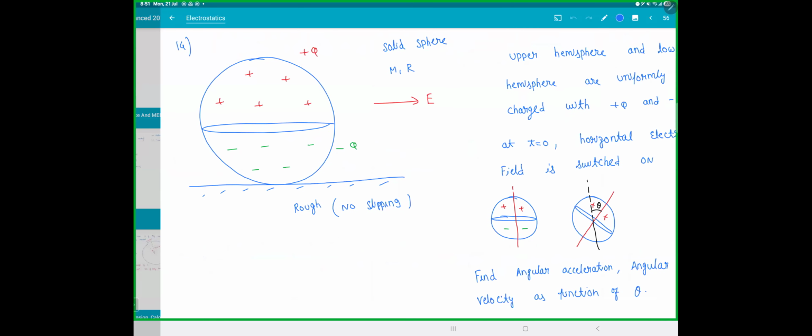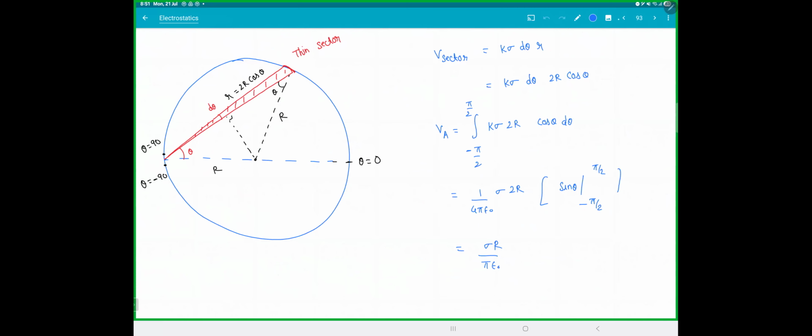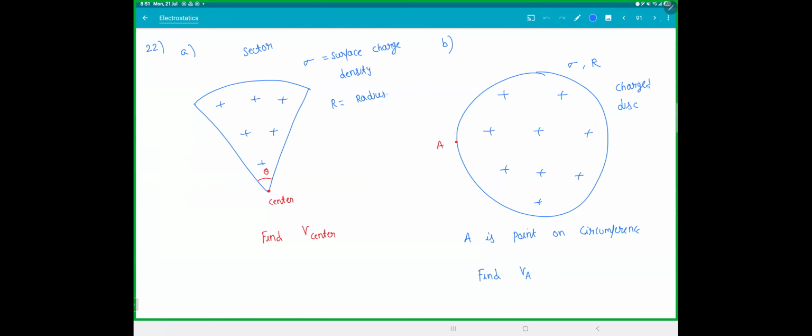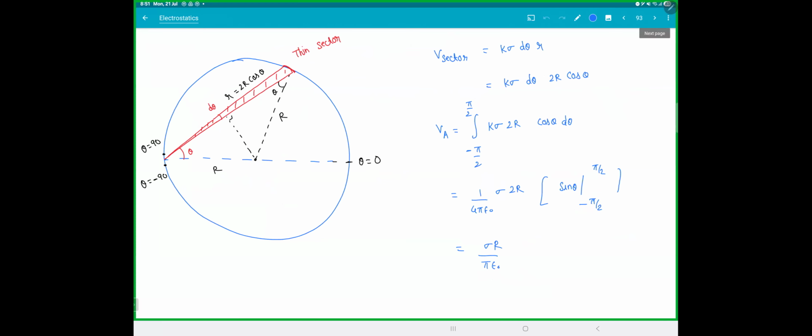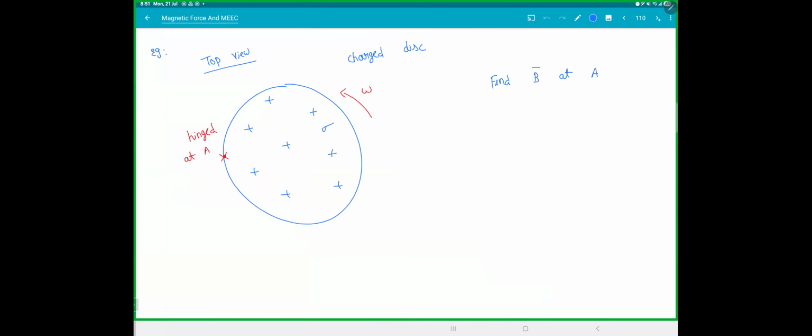In electrostatics, ये क्वेश्चन था याद आया? Potential due to disk at the corner. This one, sigma r by pi epsilon. This we did in electrostatics. So they'll combine things like this.